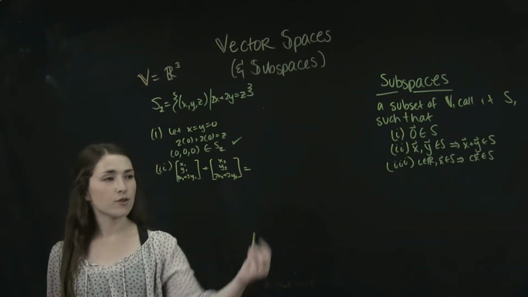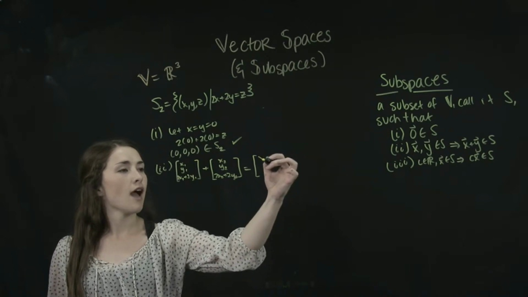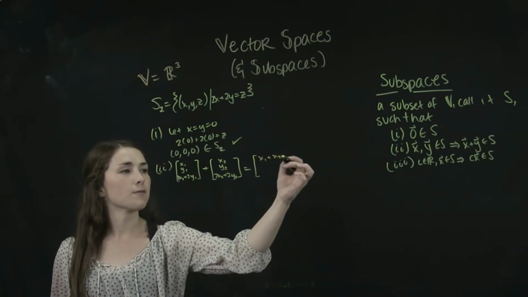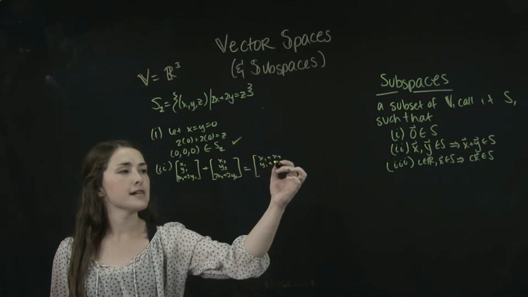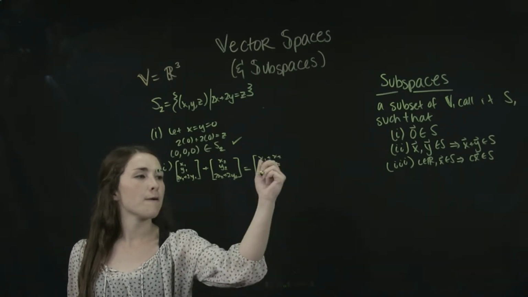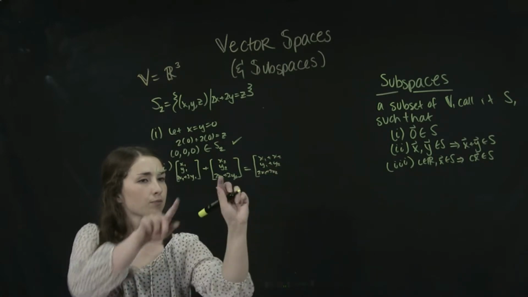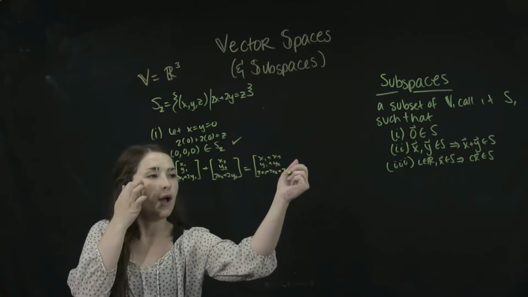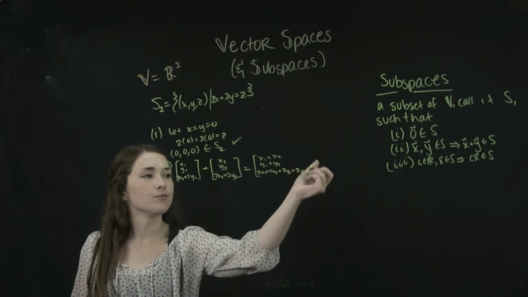Their sum is going to be equal to x1 plus x2, y1 plus y2, and then 2x1 plus 2x2 plus 2y1 plus 2y2.